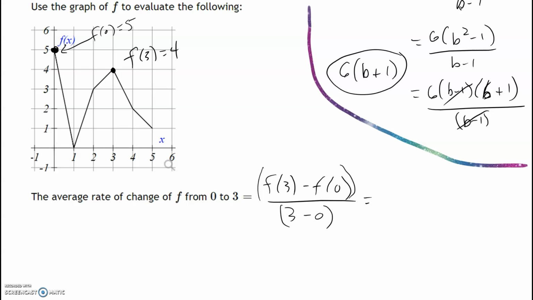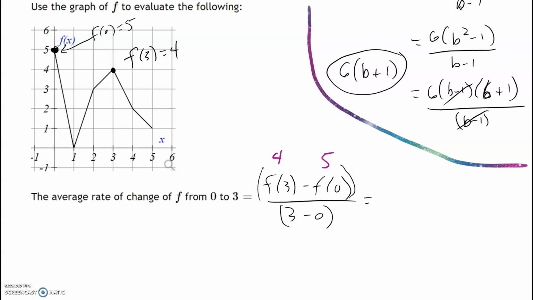Okay, so this is helpful in understanding the average rate of change, because of the y value: how far does the y value change from f of 0 to f of 3? It changes by 1, right? It just drops down 1. And we get that algebraically from the formula because f of 0 is 5 and f of 3 is 4.